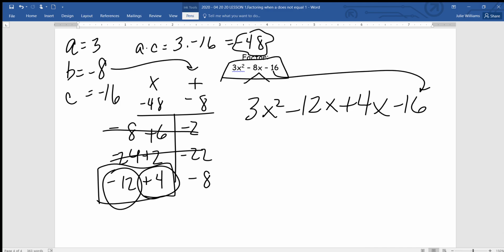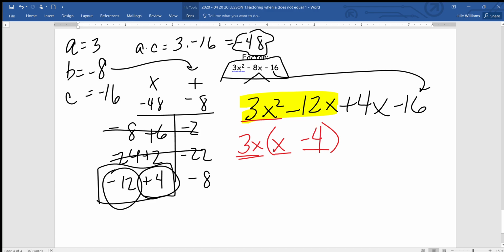Okay, so let's look at the first two terms here. What is common? Well, the 3 and the x are common again. So 3x times something is 3x squared, so all I need to put is an x. And 3x times something is negative 12x, so minus 4.